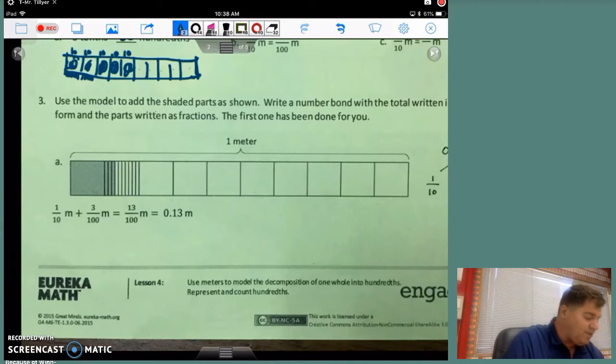There's one complete section, so there's 1 tenth, and then there's 3 hundredths. 1, 2, 3 hundredths. So we have the 1 tenth plus the 3 hundredths. That equals 13 hundredths, or 0.13 meters.